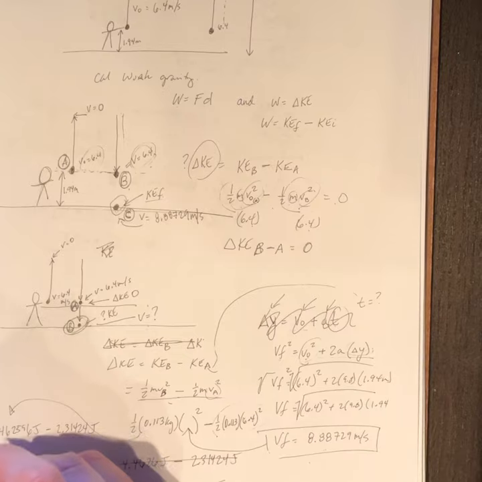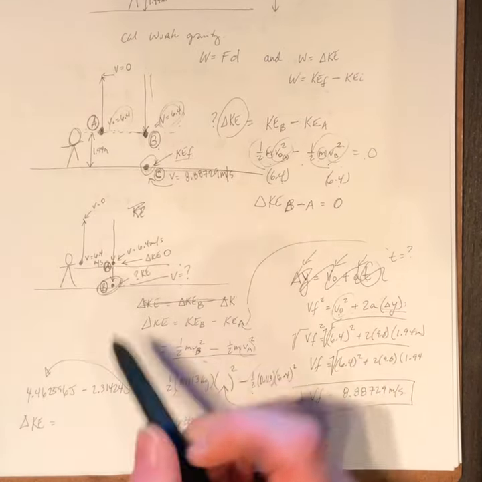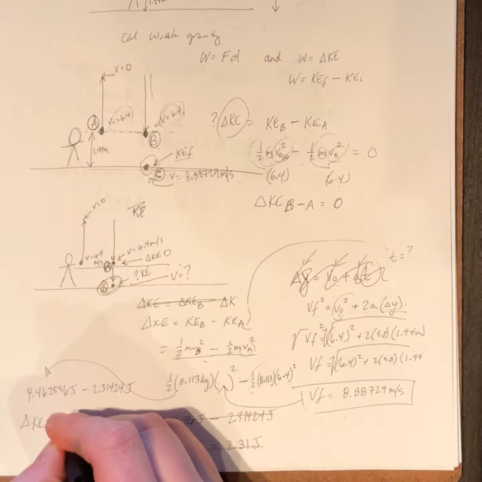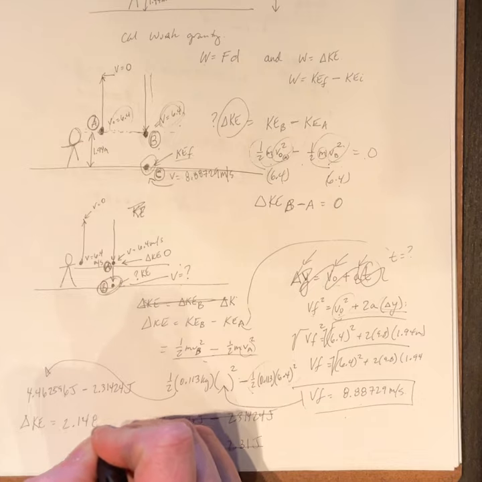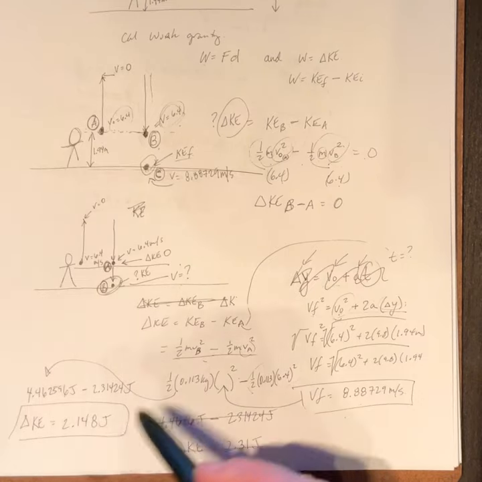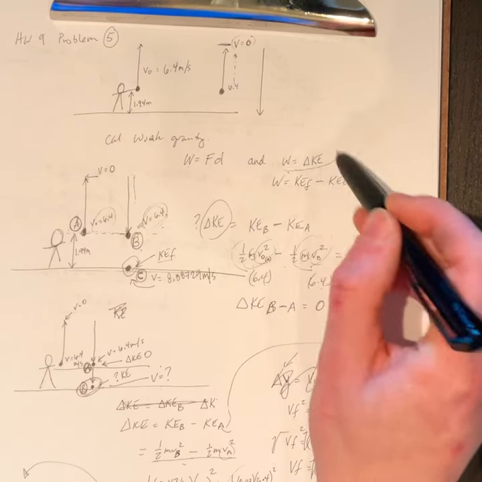So the overall change in kinetic energy from A to B is the difference between those, which is 2.148 joules. And we set up here that work is equal to the change in kinetic energy.